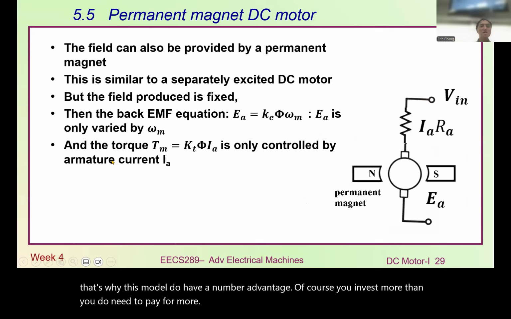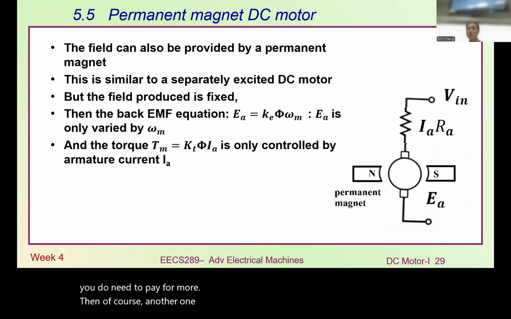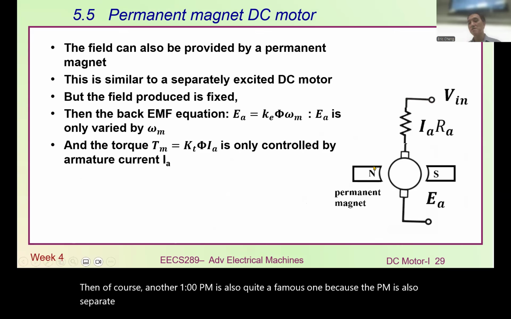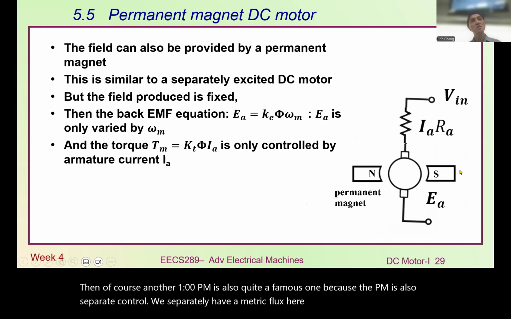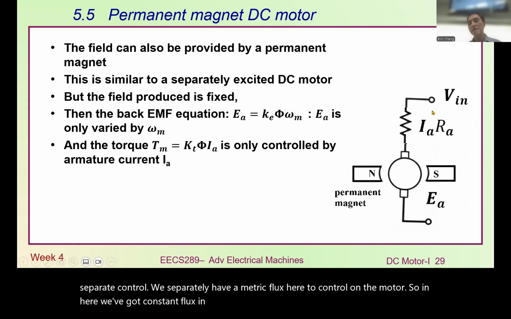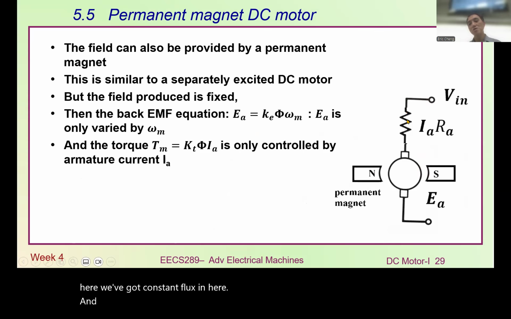Then of course, another one, PM, is also quite a famous one because PM is also separately controlled. We separately have a magnetic flux here to control the motor. So here we have constant flux, and we also have controllable armature current.